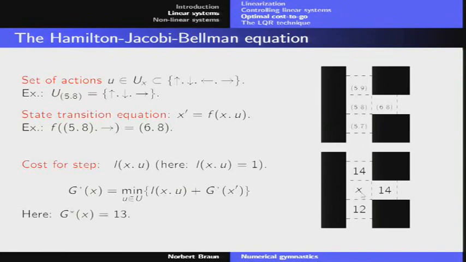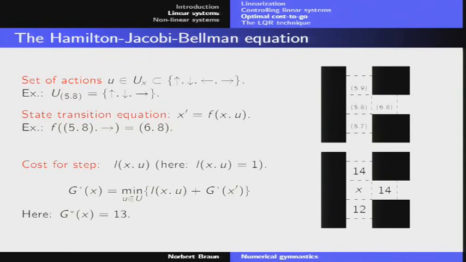Now, G star is the optimal cost to go. What type of equation will it have to fulfill? Well, suppose we consider that point X. From this point X we could go up and then have 14 further steps to go to the goal. Or we could go right and have 14 further steps to go to the goal.